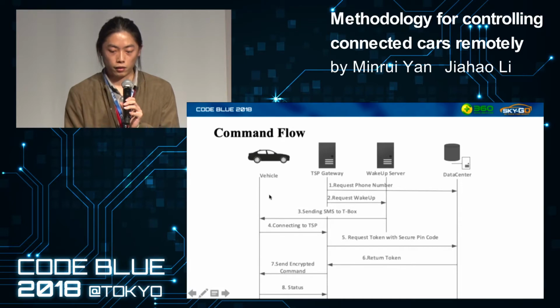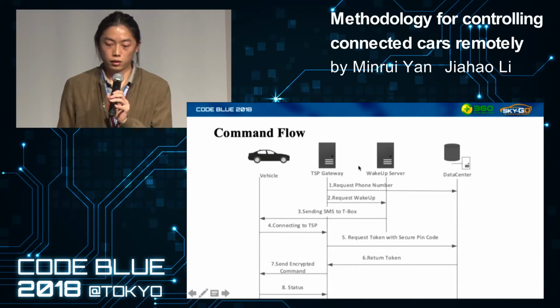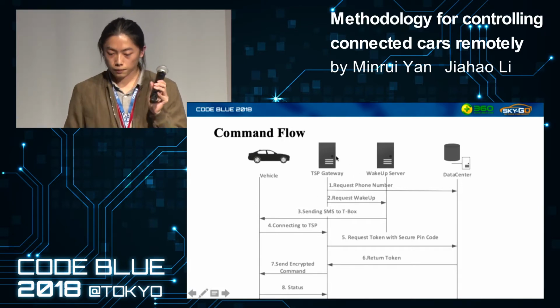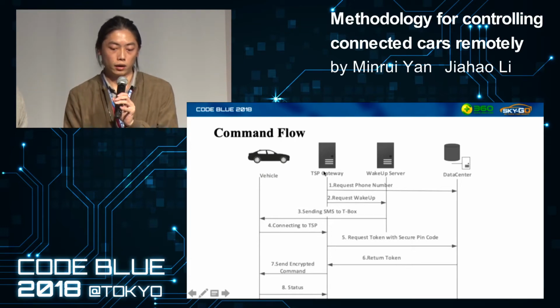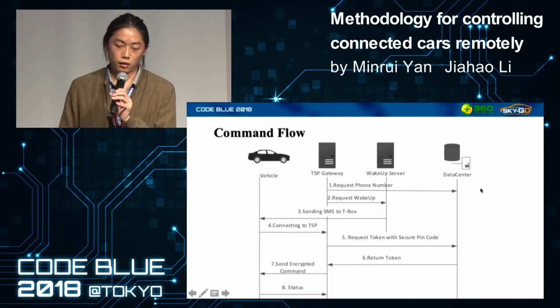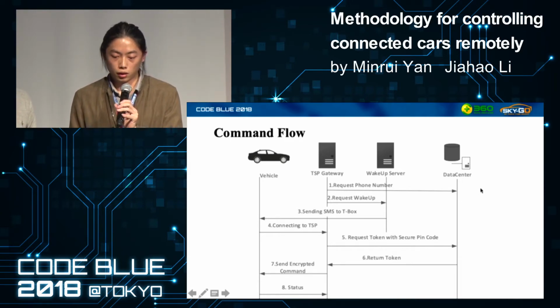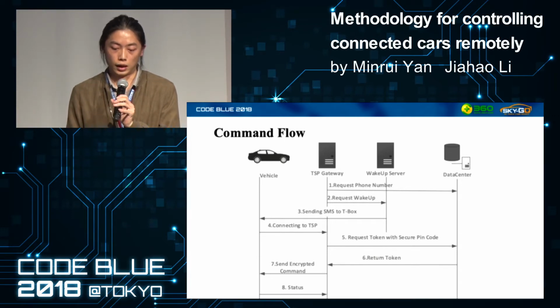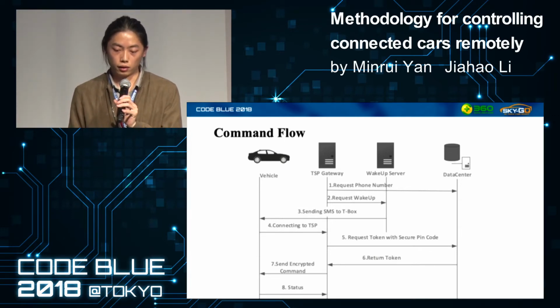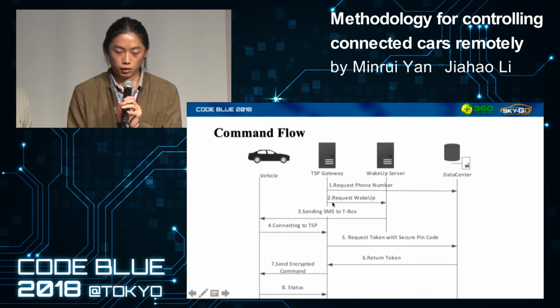Then the backend server requests the command from the TSP gateway. You can see step 1 on this chart, request phone number. The TSP gateway will request the phone number from the data center. The data center is not the same as a database server, it's a macro-coped service. Next step, the TSP gateway will send a wake up command to the wake up server with the TBUS M2M phone number parameter.